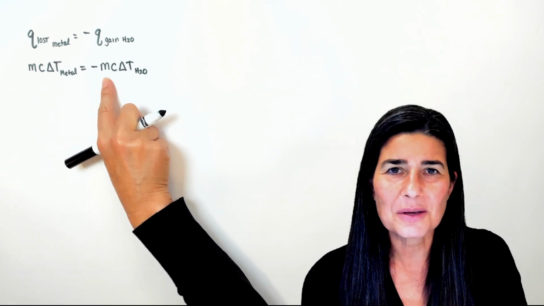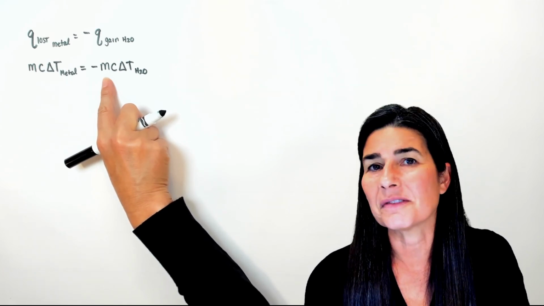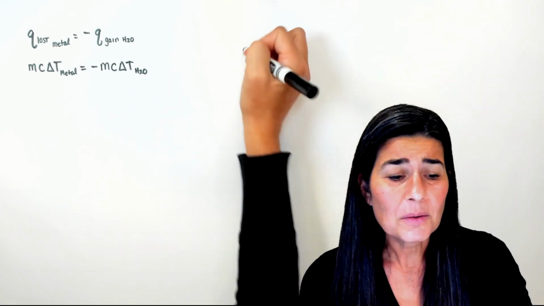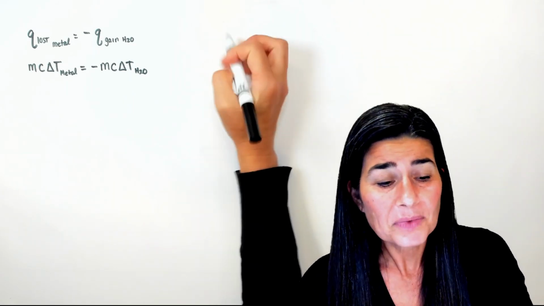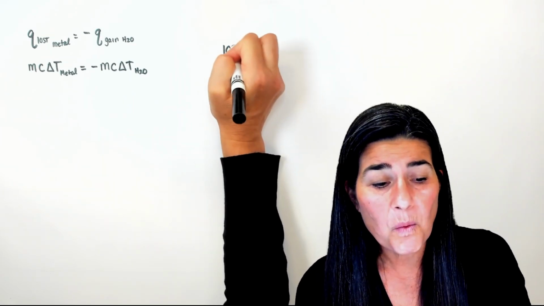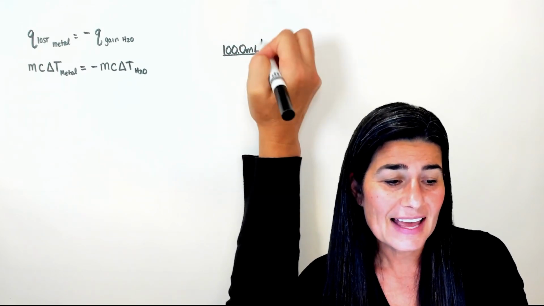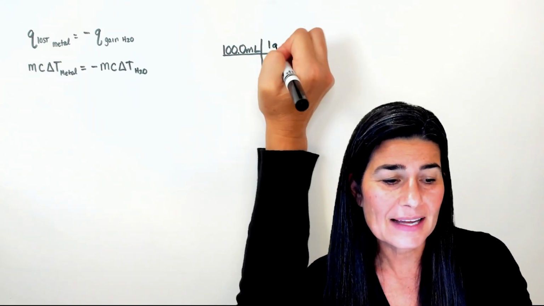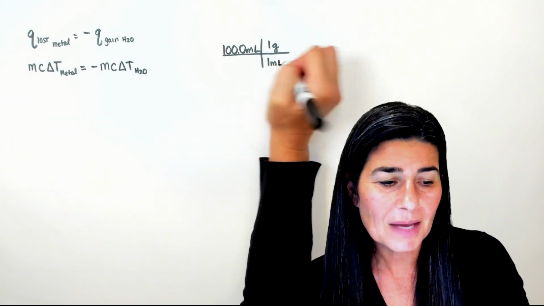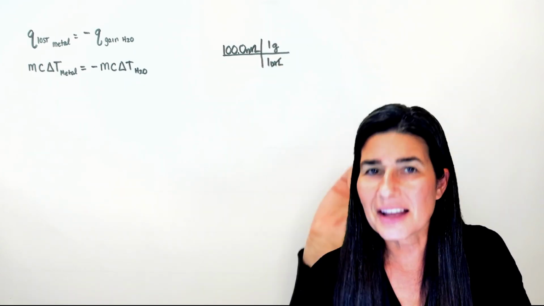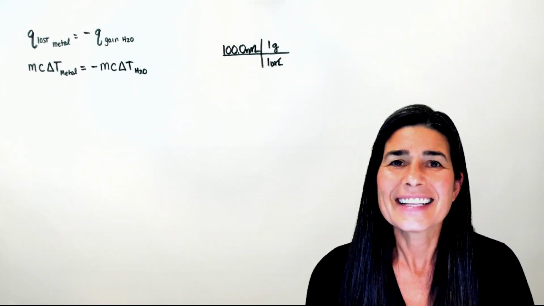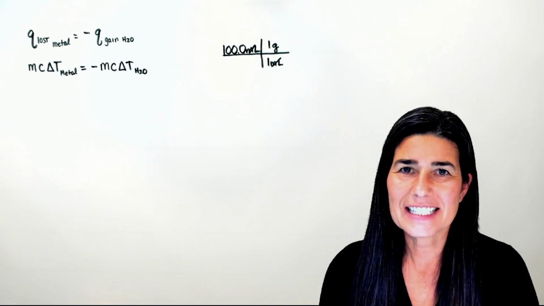You can also use the density formula, mass over volume, or we could just do a little conversion here. We could say we have 100 milliliters of water, and it's 1 gram for every 1 mL, so it's 100 grams.